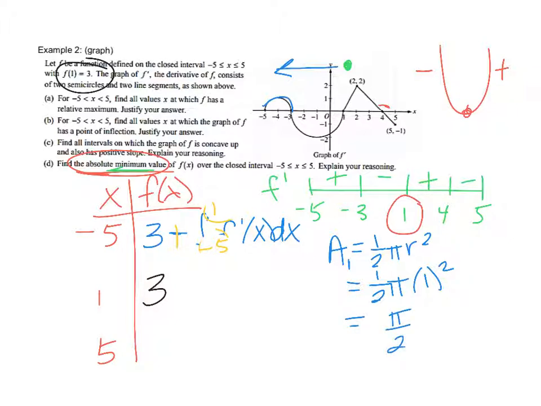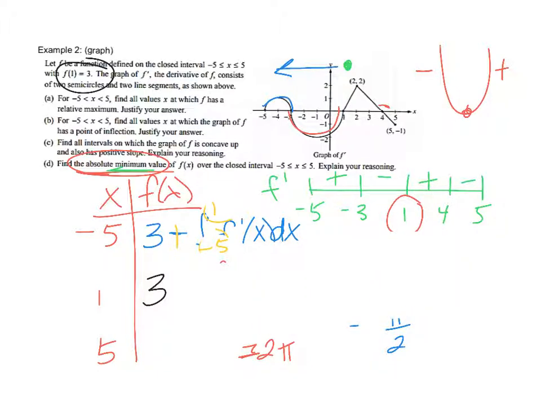And the area of the second one is also 1/2 pi r squared. That's this semicircle. So that's going to be 1/2 pi times the radius here, which is 2 squared. So 2 squared is 4, divided by 2 is 2, so this is going to be 2 pi. Alright, so what does that mean? I'm going to erase this, sorry. We have pi over 2 and 2 pi.